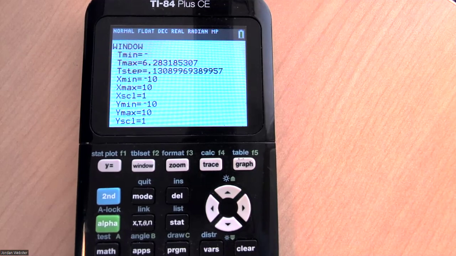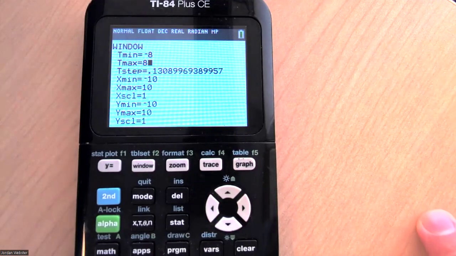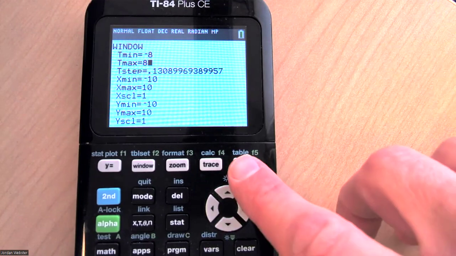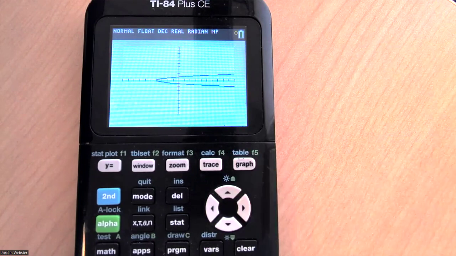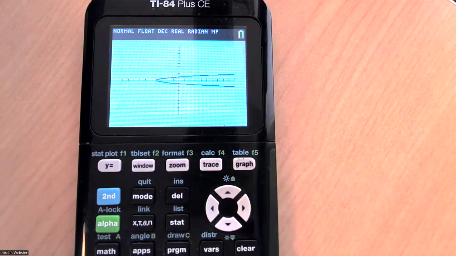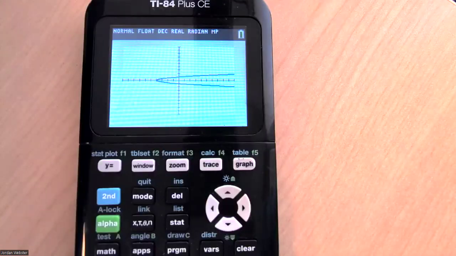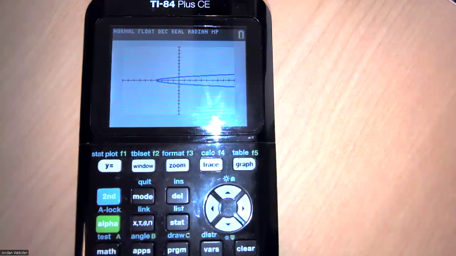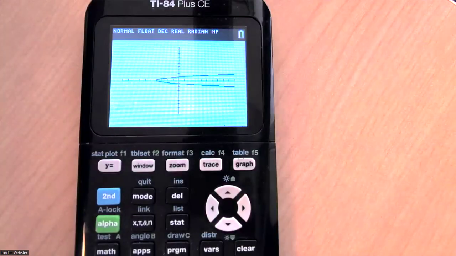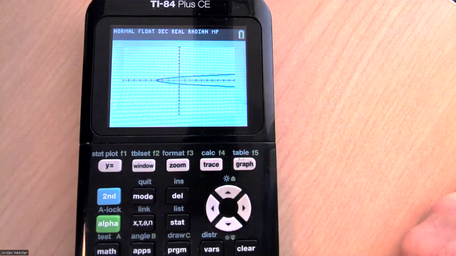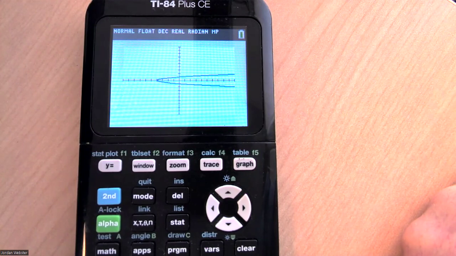But if you change it from, let's say, -8 to +8, for instance, and then ask your calculator to graph, that's what you get. So you do get your parabola, again, as long as your t-value settings include the negatives.